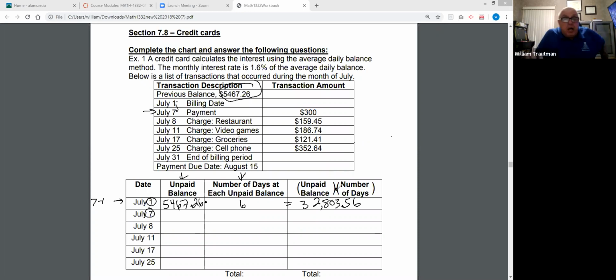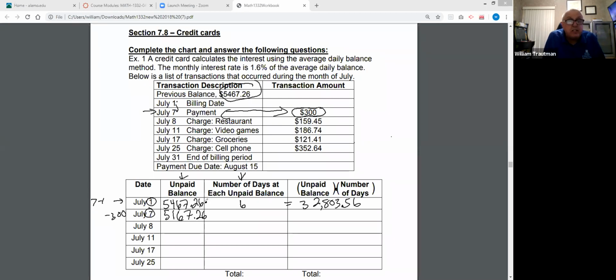Now the thing about this is my balance is $5,467, but on July 7th, I made a payment of $300. So we have to subtract $300 from our balance. If I make a payment, then my balance goes down. 5467.26 minus $300, because I made the payment on July 7th, and now my balance is only 5167.26.